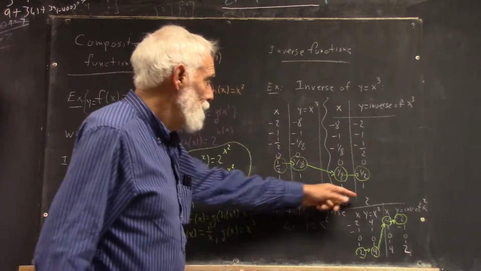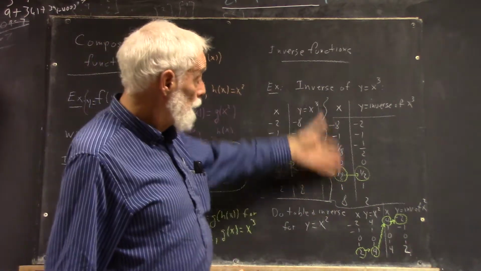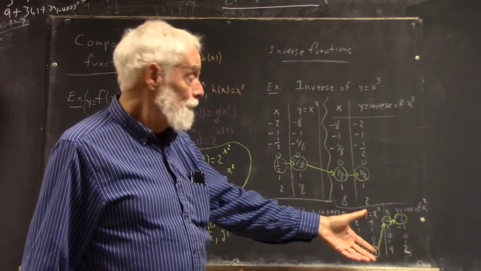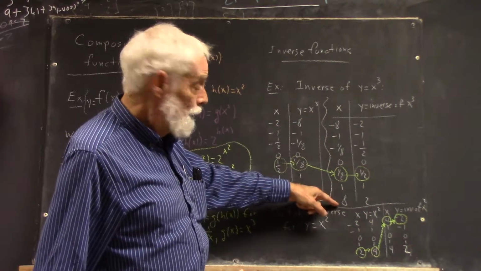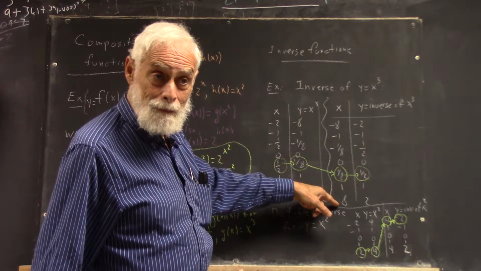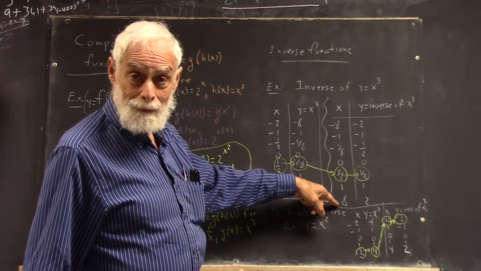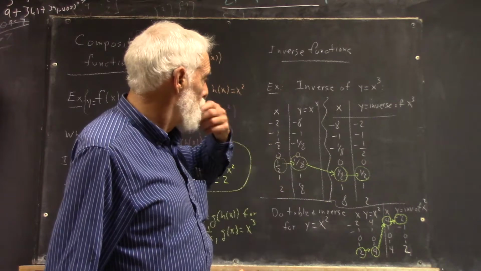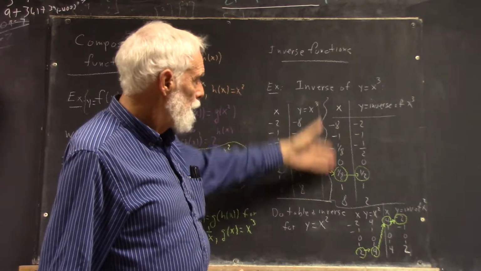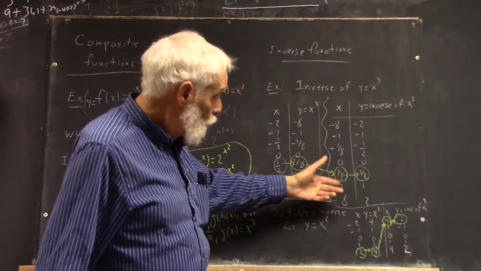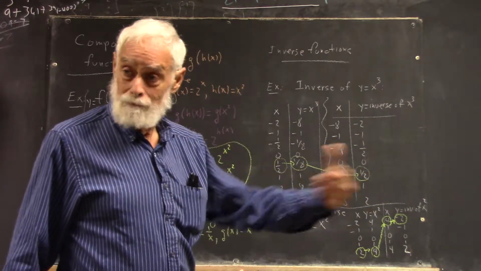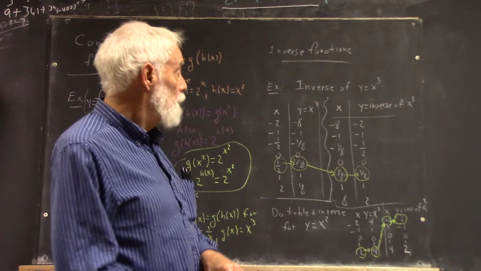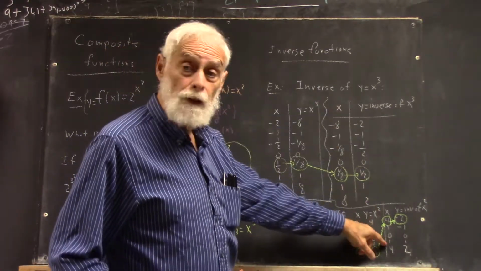Up here, your inverse relation is a function. There's no number here that appears more than once. So we take any number here, and there's only one way to find the one. So this inverse relation is a function, this inverse relation isn't.